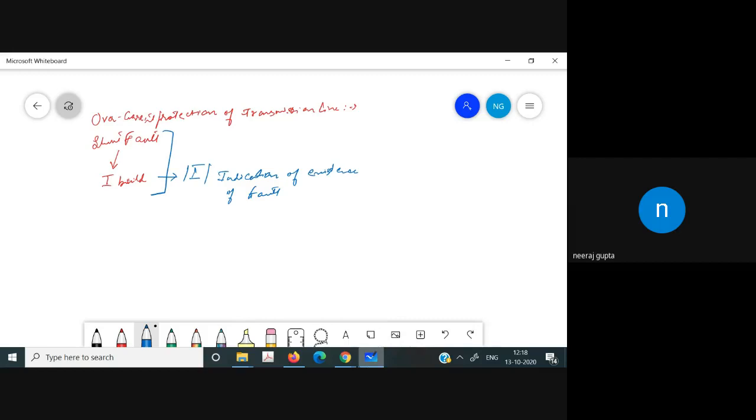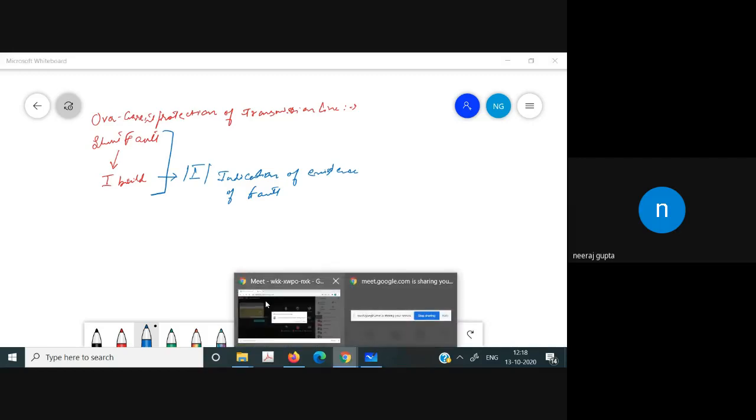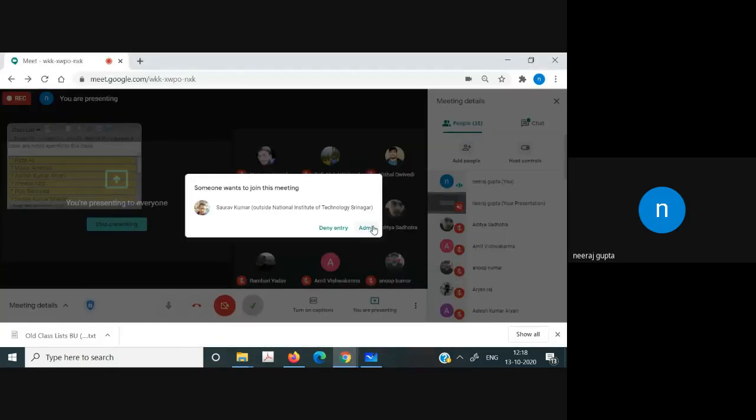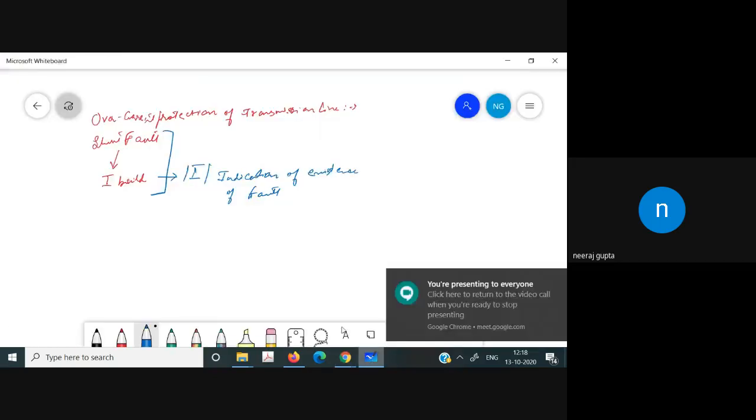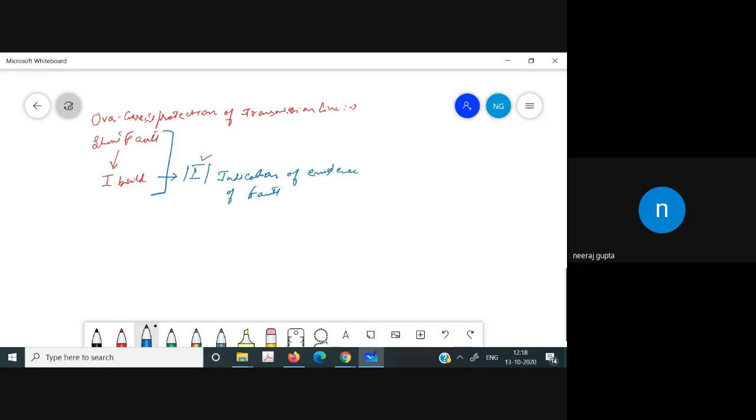So from this you can see that the most obvious effect of the shunt fault is the buildup of the current. So we can use the current as the indication of the existence of the fault.